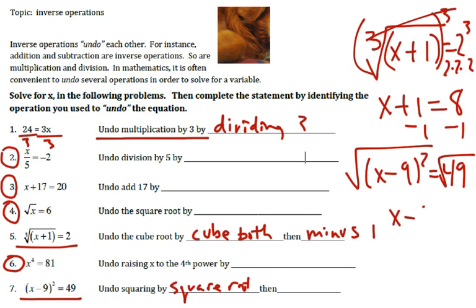That gives us x minus 9 equals the square root of 49, which is positive or negative 7, but we'll just deal with the positives for this case. Then what would be the next step? Adding 9 to get x by itself. Finish the rest of those, it's a similar idea.